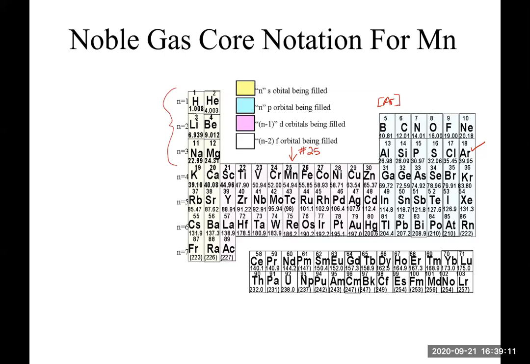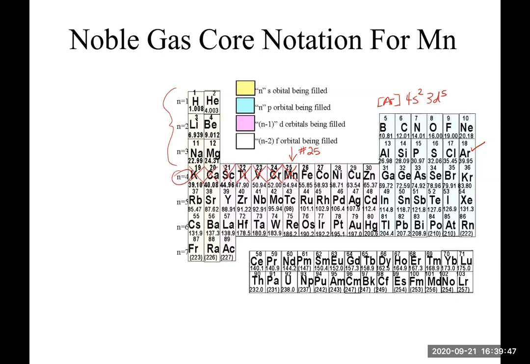Now we only have to write the rest of the electron configuration out in long form. So we're at 4s, we're at 4s2. And then, remember, the d block drops 1, so we're at 3d, and that is 1, 2, 3, 4, and 5.